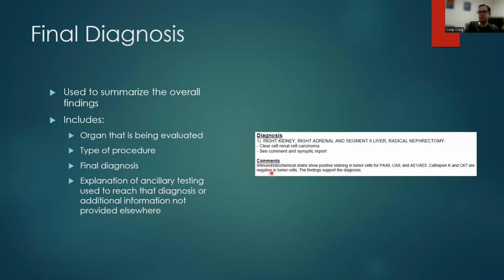So comments are used in different ways by different pathologists, but in general, we usually talk about other extra testing that we did to confirm our diagnosis. When we make a slide out of a piece of tissue, we stain that slide with a version of a red and a blue ink, and we do that for every slide all the time.